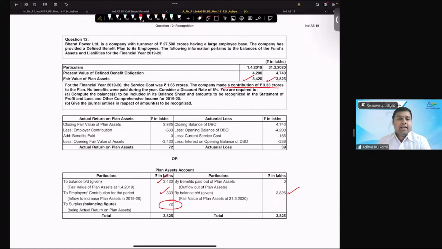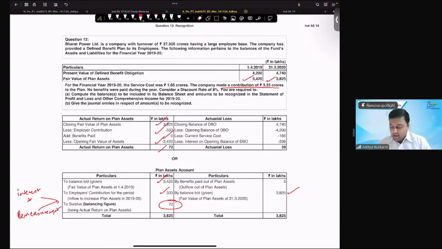One is the interest, which is basically opening balance into interest rate, plus any remeasurement change that happens. So this generally comprises of interest plus remeasurement. Are we convinced on this? Plan assets? Anybody has any doubts? No, sir. They have put this in statement form: closing fair value less employer contribution and benefits paid less opening fair value, 72.